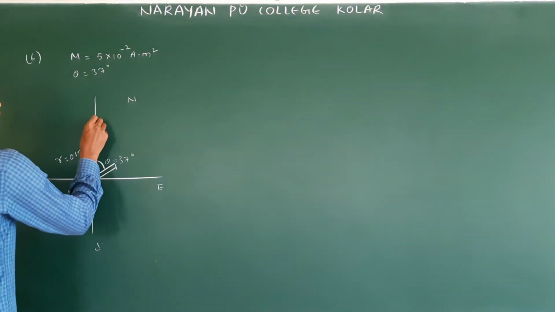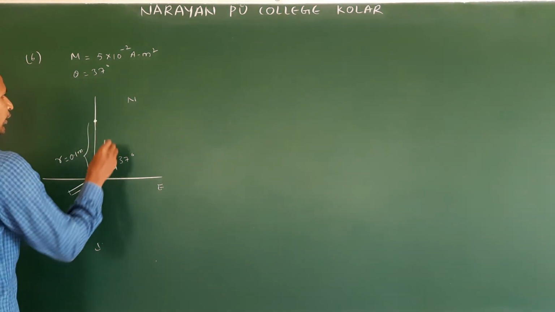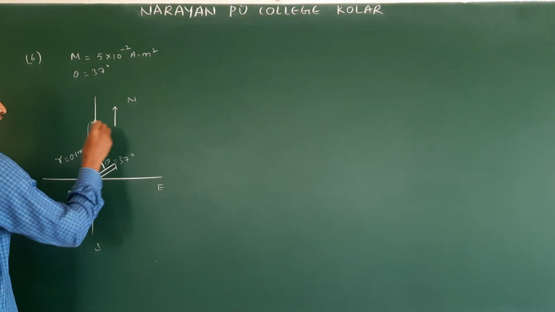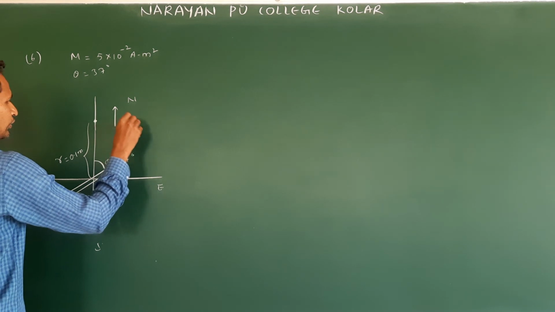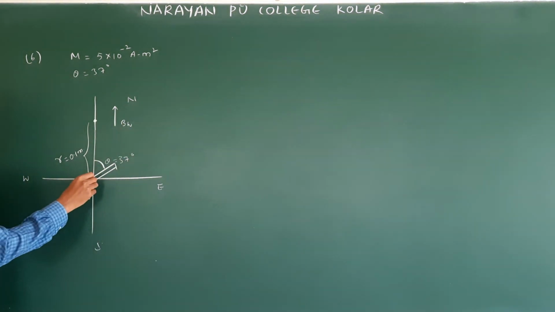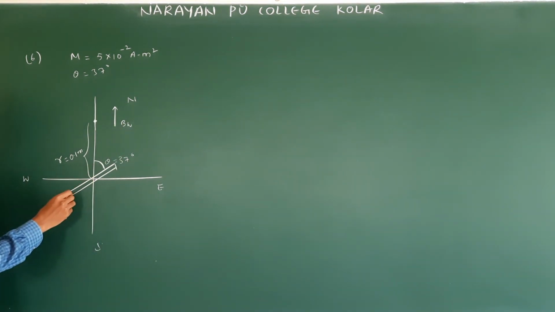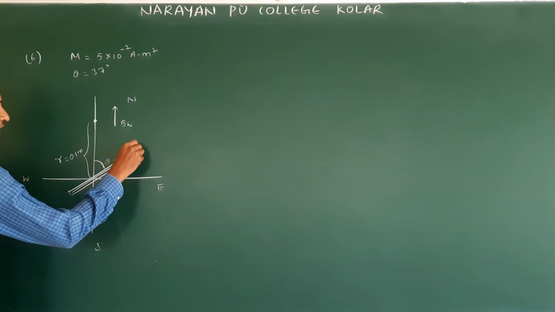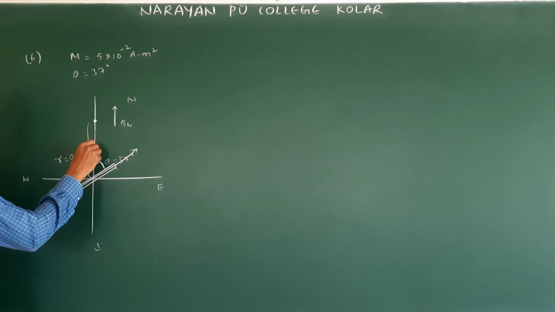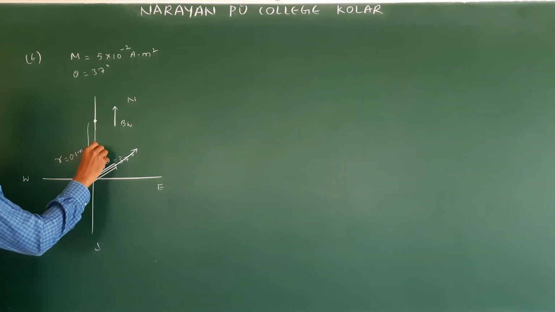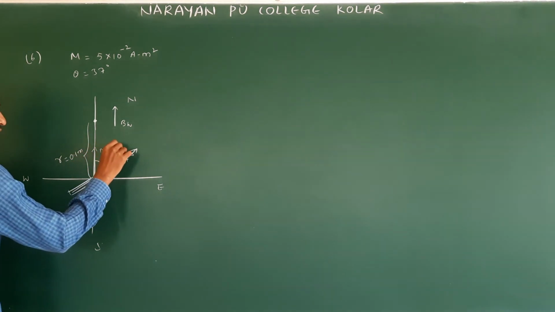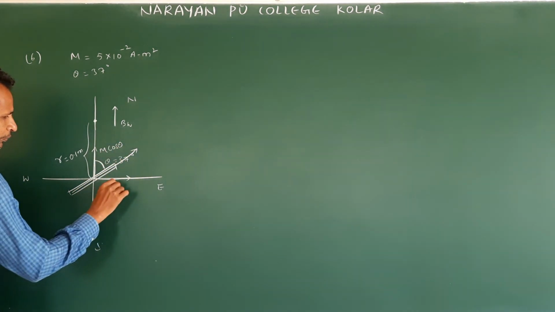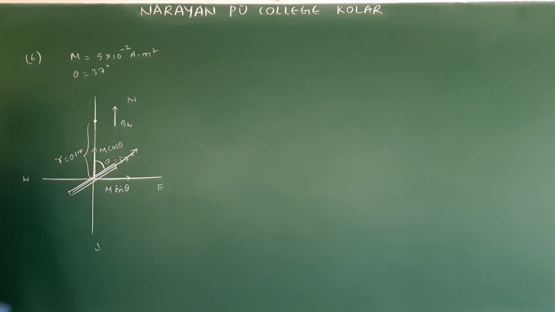Now, here we have BH, the Earth's magnetic field, already there. And this magnet is making an angle theta. So if you draw the magnetic moment as a vector like this, along this axis we have M cos theta, and along this we have M sin theta.